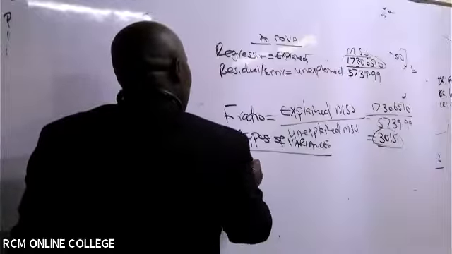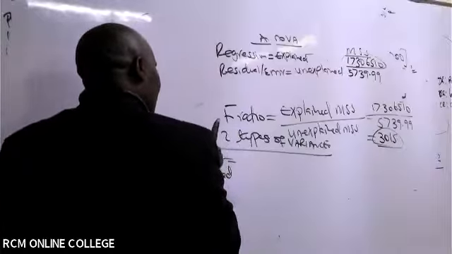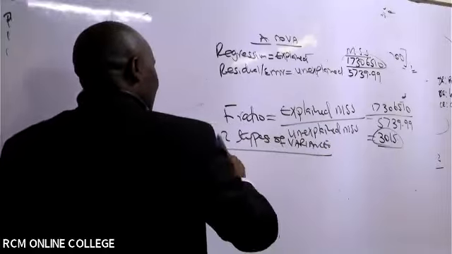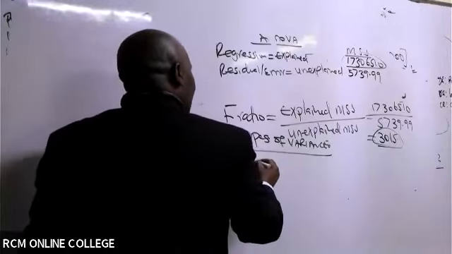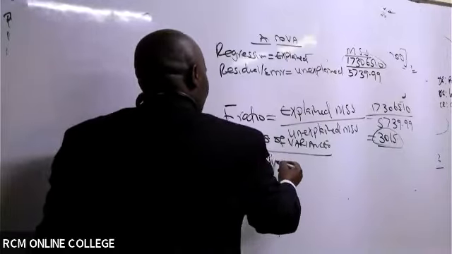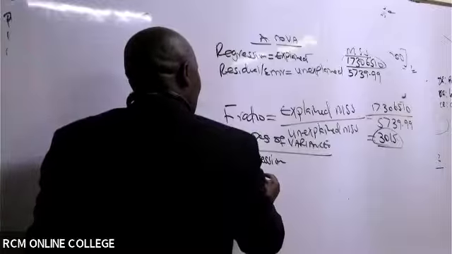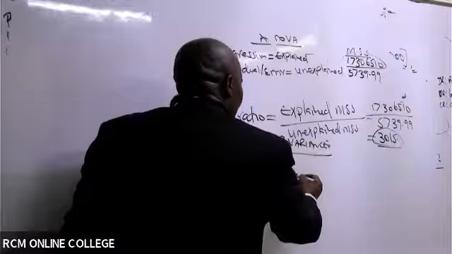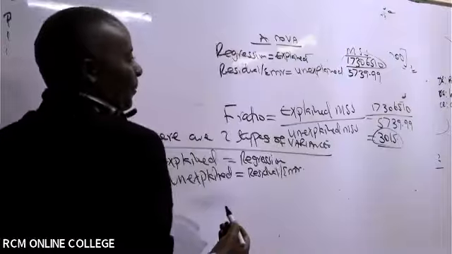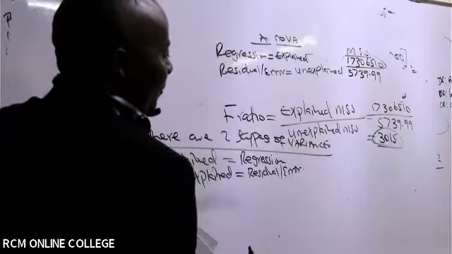The explained ones are the ones regression is able to give us their values. That is why we call them regression. And then we have unexplained, also known as residual. They are errors.